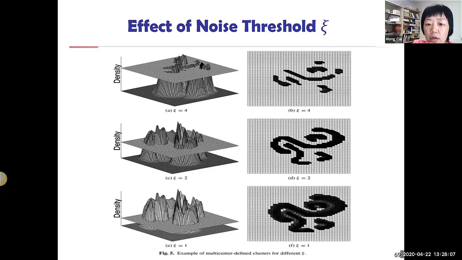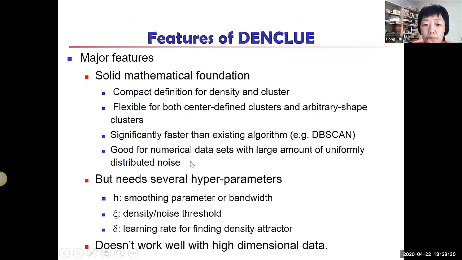Arbitrary shapes will happen if your center-defined clusters overlap or touch each other, or you have some connecting points that actually pass the threshold. That should be intuitive, but I just want to make it clear. So it gives different shapes. It's significantly faster, and it's very good for numerical data with a large amount of uniformly distributed noise.